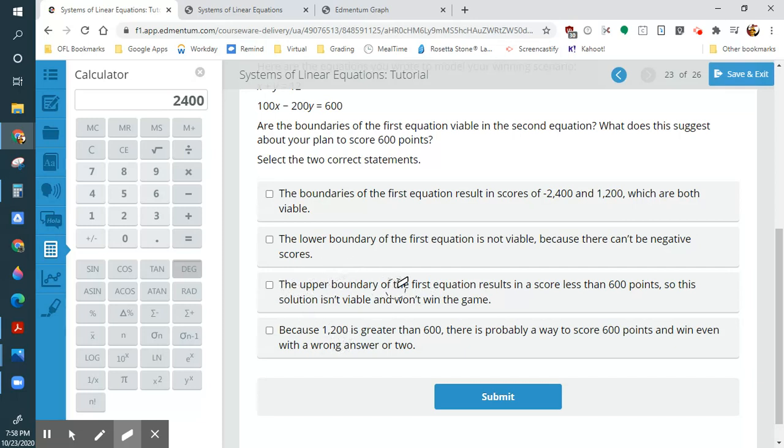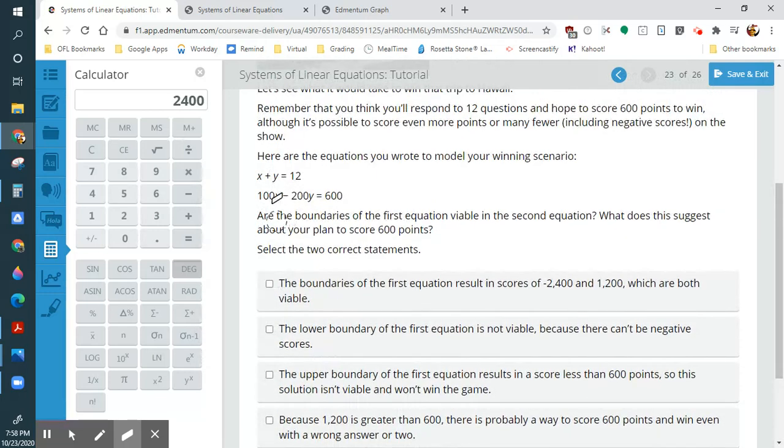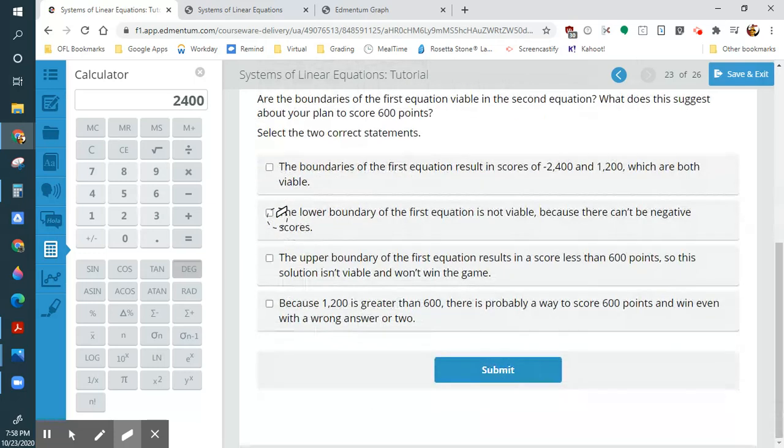So the upper boundary of the first equation results in a score less than 400 points, so the solution is not viable and won't win the game, because 1200 points is greater than that. Okay, they keep talking about the first equation, and that's not the case. We're talking about the second equation.